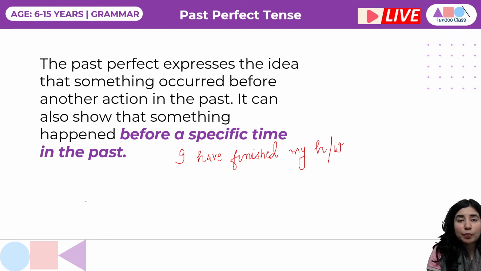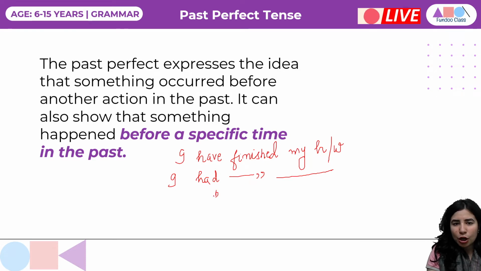Now, if I have to make a sentence with past perfect, I would say, I had, then let's keep this part to be the same, finished my homework before my lunch arrived. So in this case, what are we trying to do?